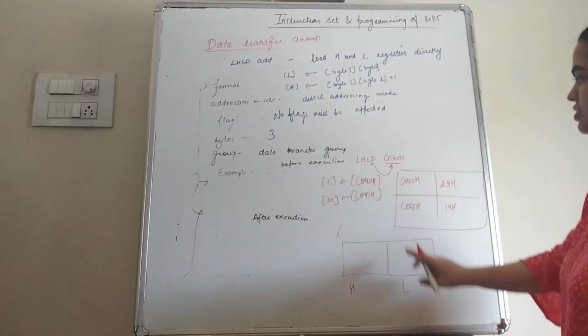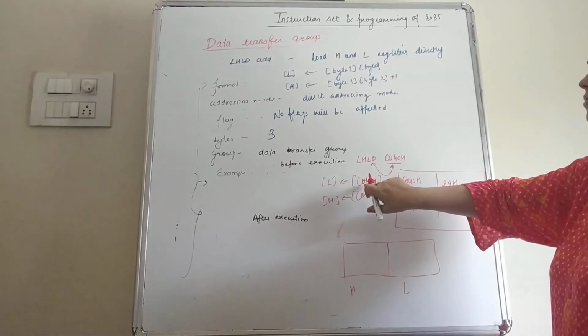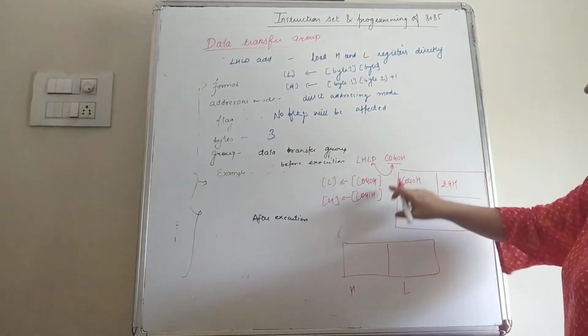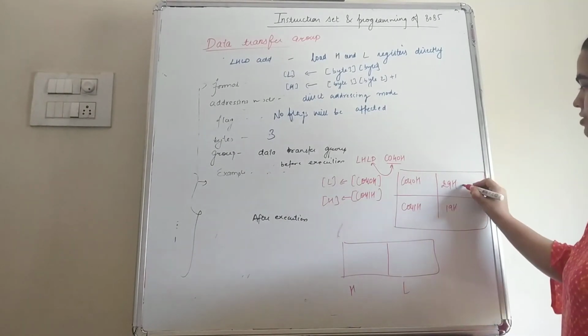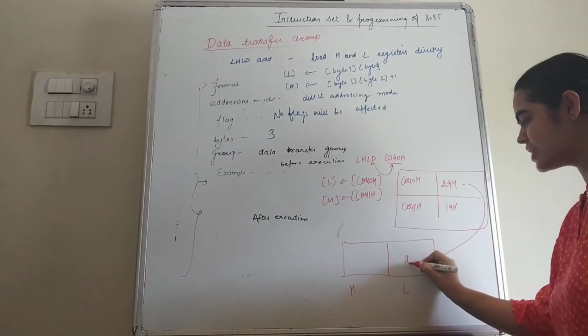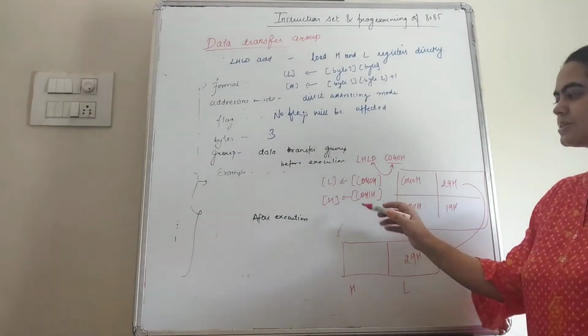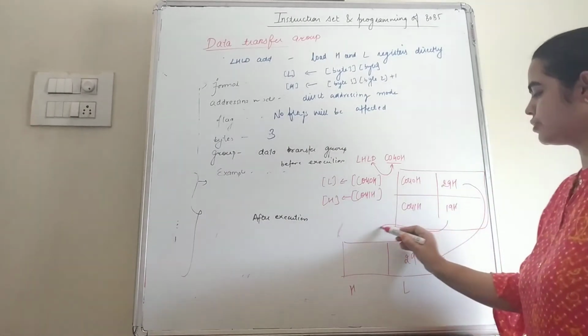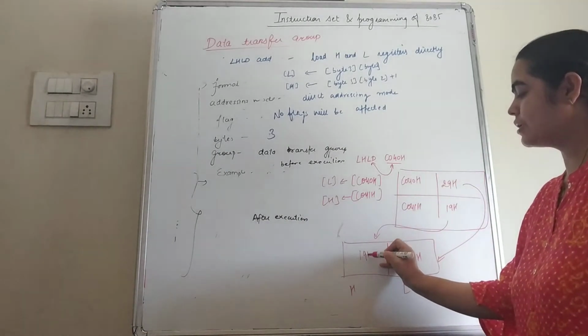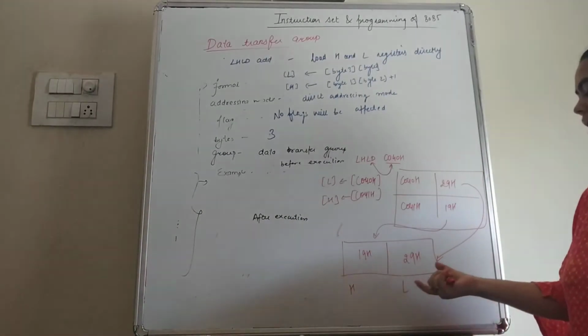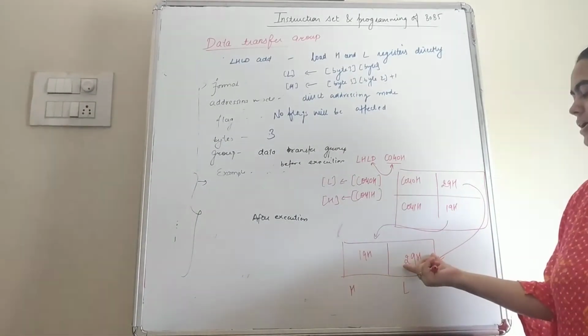So L can store which value? The value that is present in this address. So what is present in this address? 29H. So 29H will be moved to the L register, while the contents of the next memory location will be moved to the H register. So the new value of H is 19H, while the value of L is 29H.